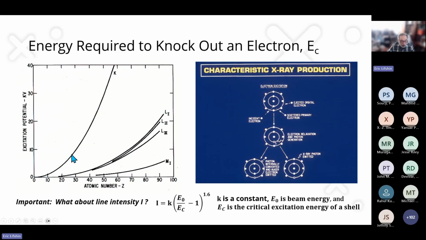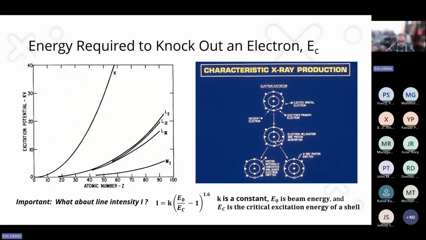We're going to need about 9 kilovolts to excite it. And after that, if we try to excite something in the middle range of the atomic number, we're talking about getting 20 or 30 kV out. And with most SEMs, we're not going to be running much over 25 kV.